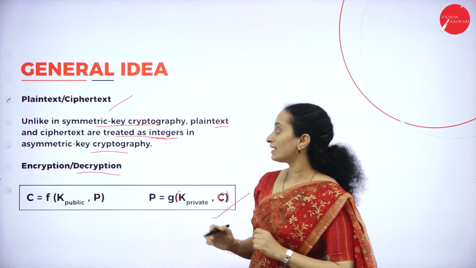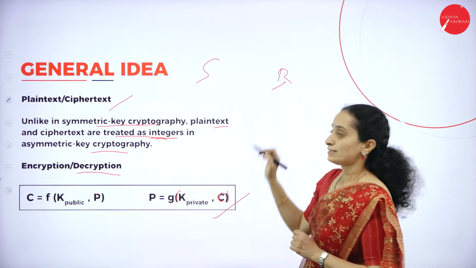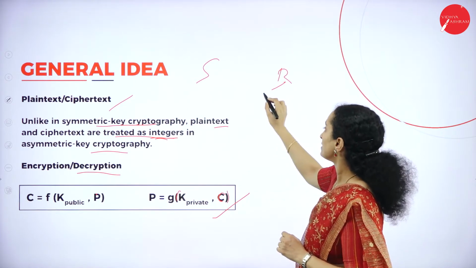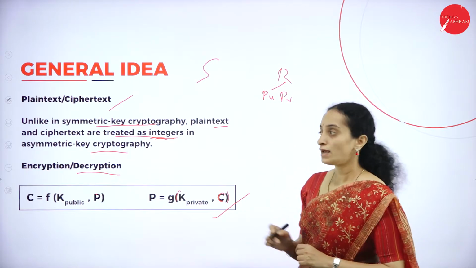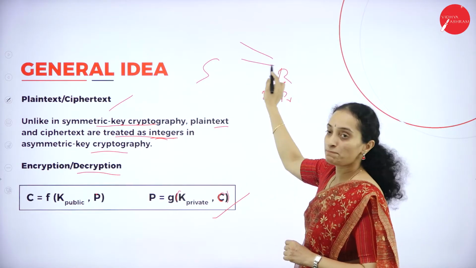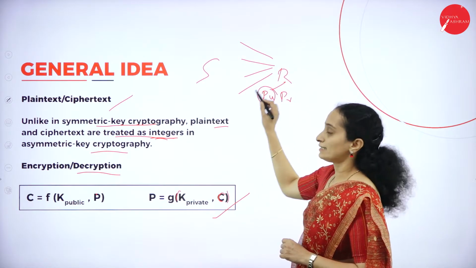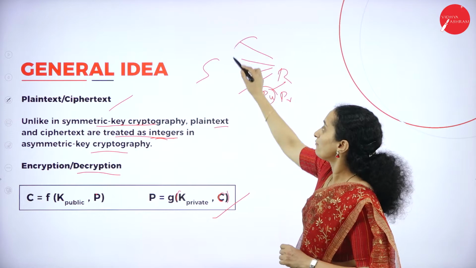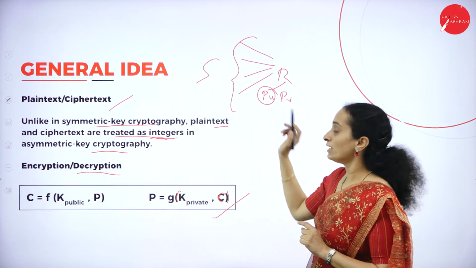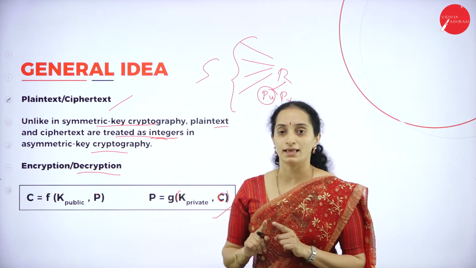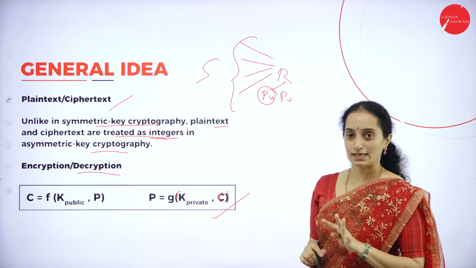One thing is, when you have a receiver and sender, the receiver's responsibility is to generate one public key and one private key. If you have multiple senders for a single receiver, he can use the same public key for all of them. If you have 4 senders for the same receiver, the same public key can be transmitted to all 4 senders.